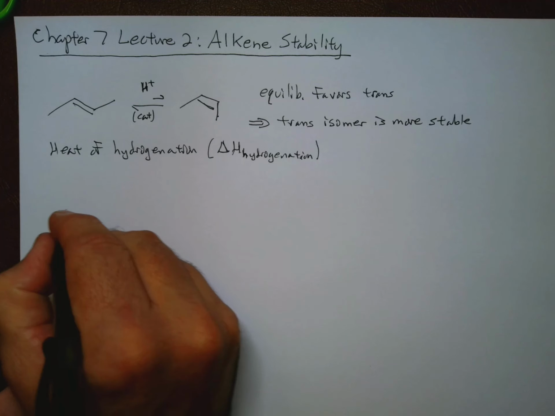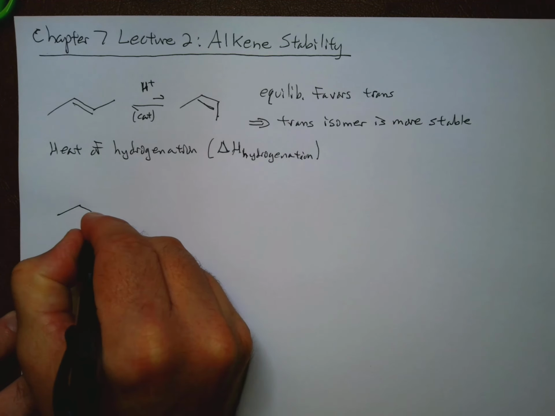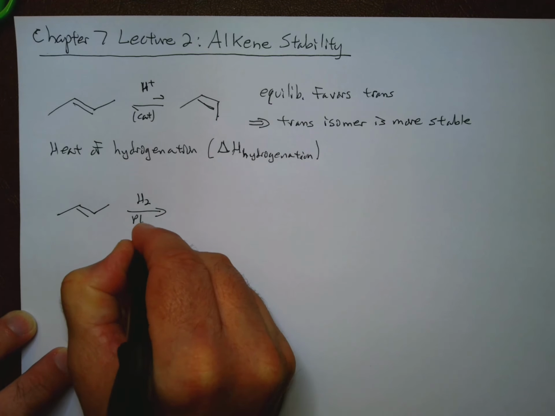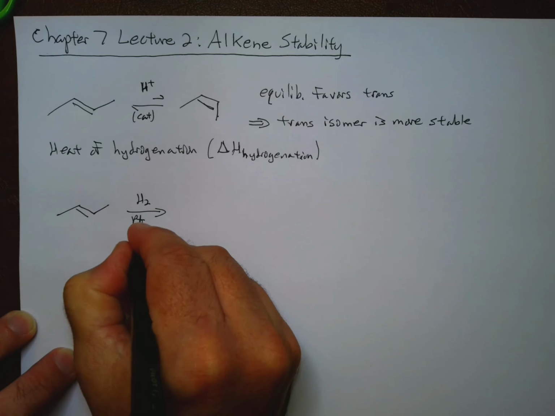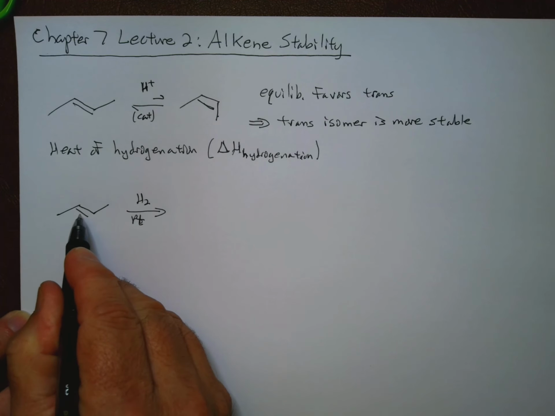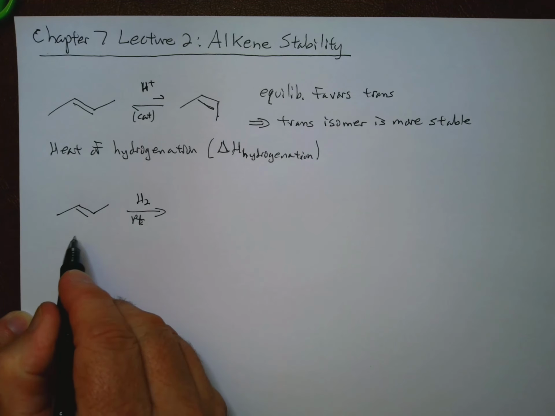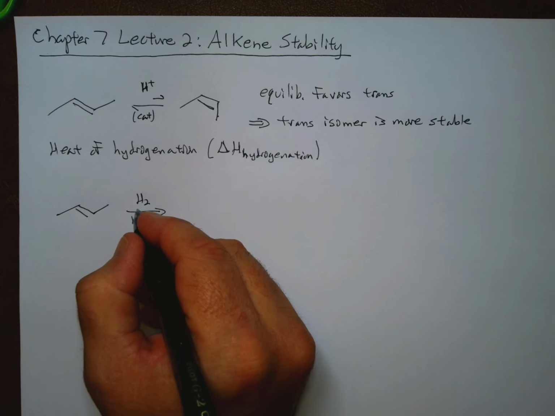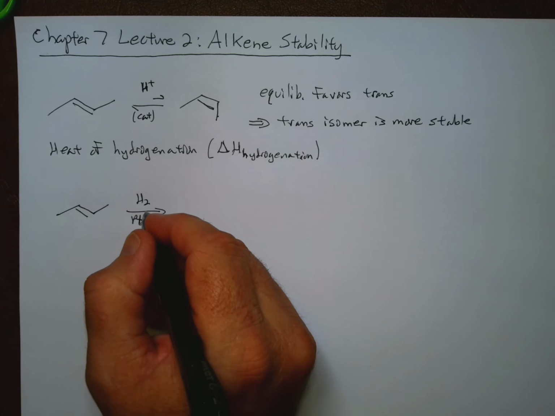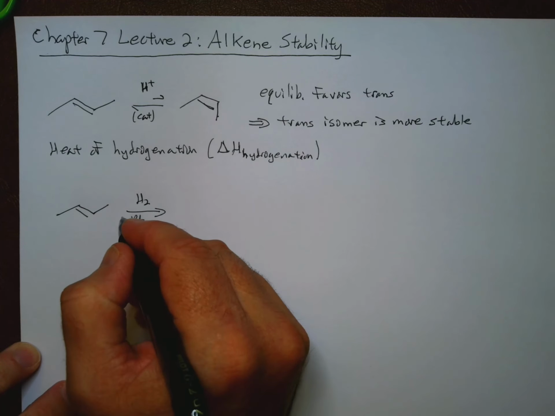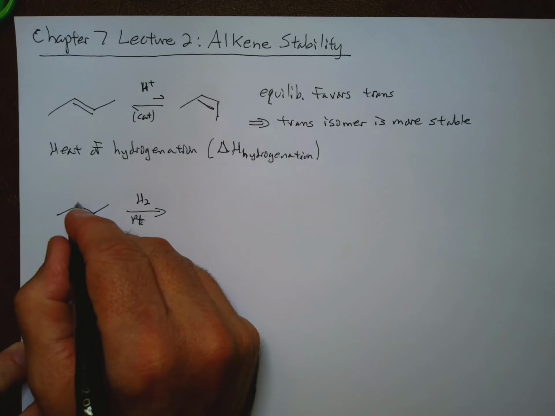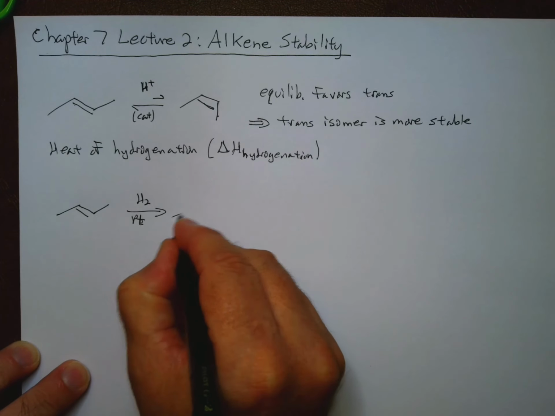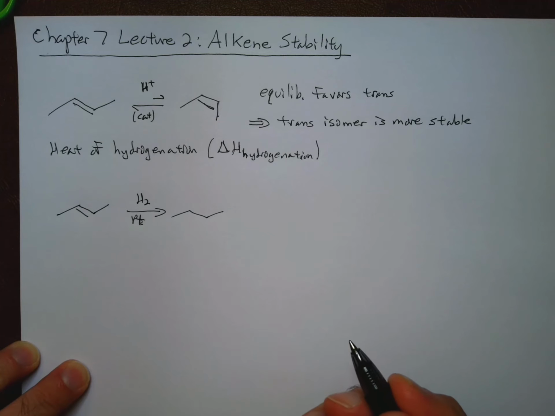Essentially, we are taking some alkene, in this case our trans 2-butene, and we're going to hydrogenate it. We'll talk about the hydrogenation reaction in the next chapter. We're adding H2, so we add one hydrogen to each carbon in the double bond, and we get butane.